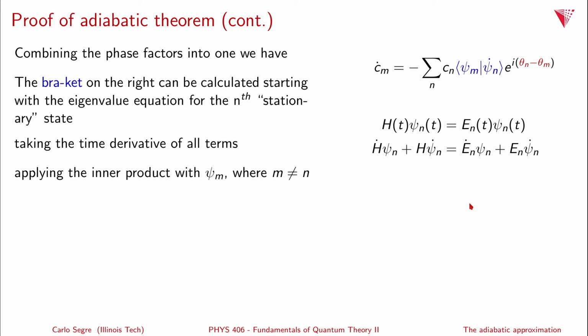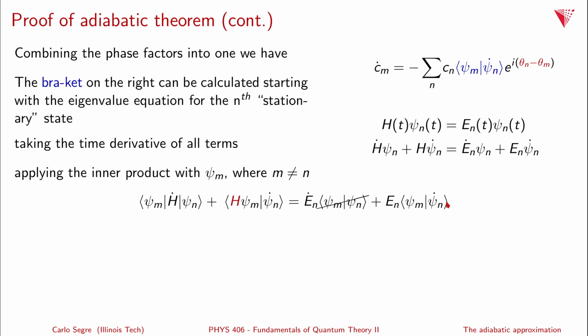If we now apply an inner product again with psi sub m, where m is not equal to n, then we get the following out of these four terms. We get the inner product of psi sub m, H dot, psi sub n, plus the inner product of psi sub m, H, psi sub n dot, equals E sub n dot, inner product of psi sub m, psi sub n, plus E sub n times the inner product of psi sub m, psi sub n dot.